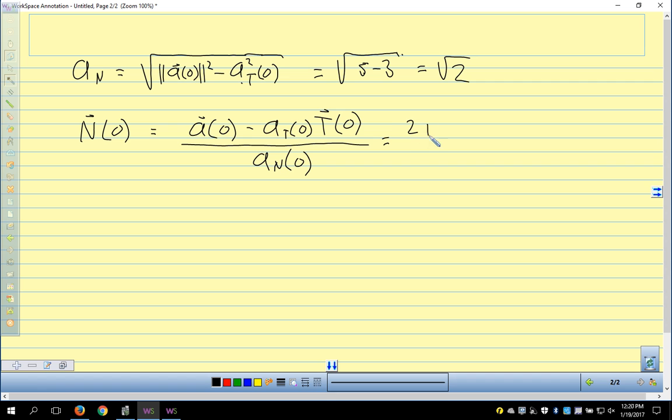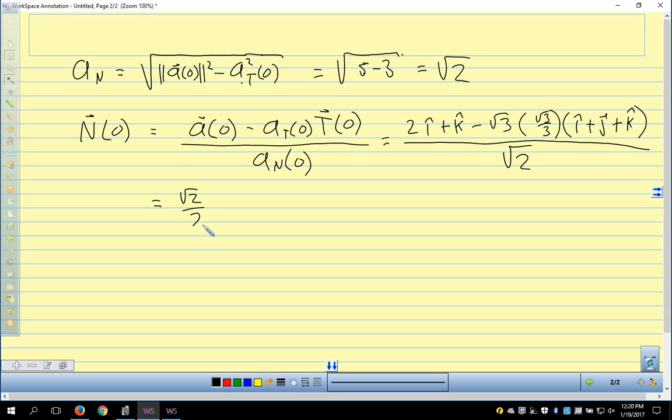So we get 2 i hat plus k hat minus square root of 3 times square root of 3 over 3 times i hat plus j hat plus k hat all over square root of 2. And when we simplify that, we end up with square root of 2 over 2 times i hat minus j hat. And that would be our principal unit normal vector at t equals 0.